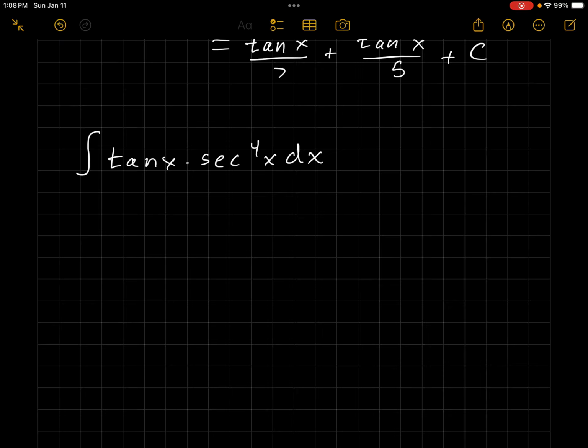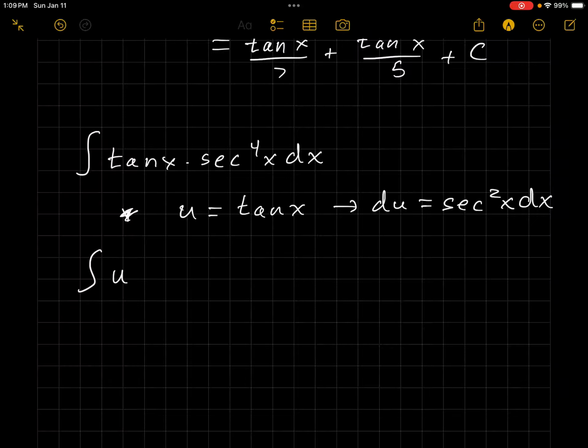Here, because I know that u equals tangent of x gives us du as secant squared x, and that if I rewrote this as u times du, I would have a secant squared x left over.